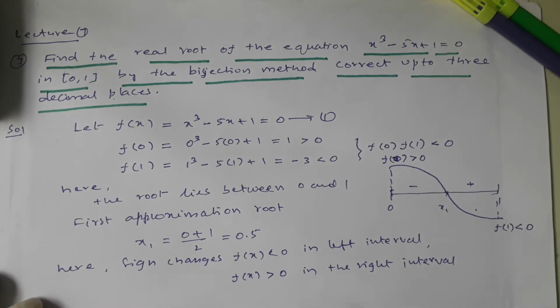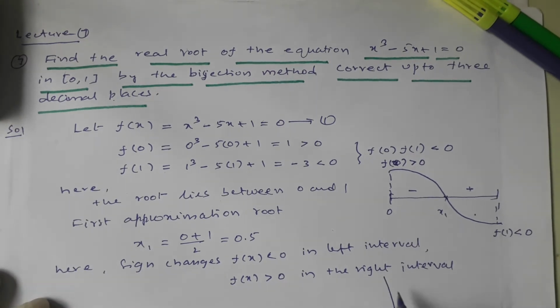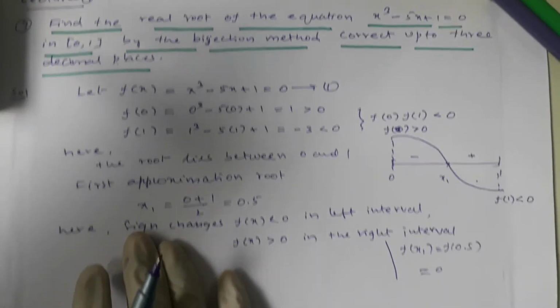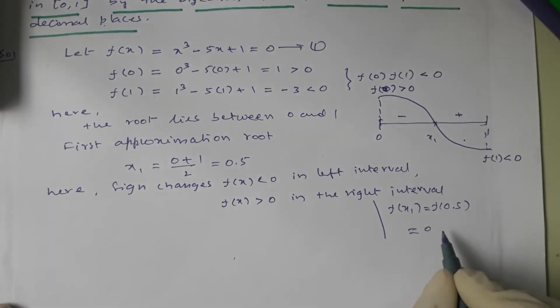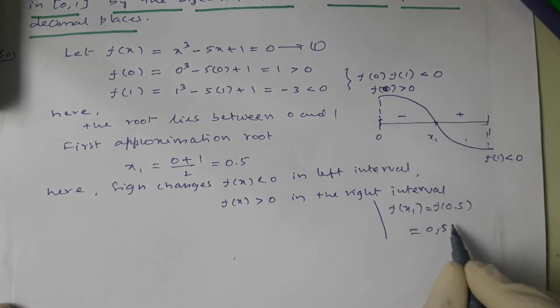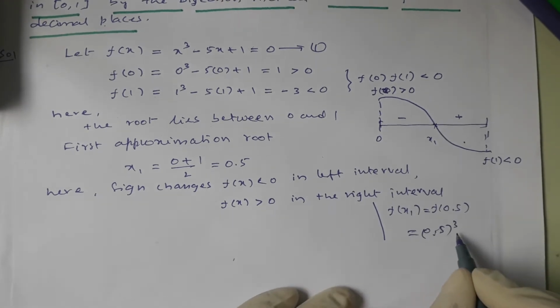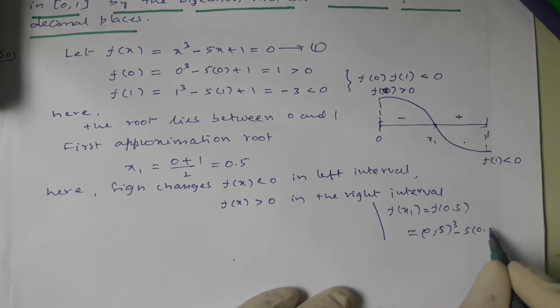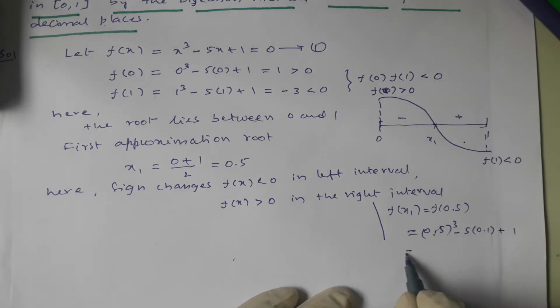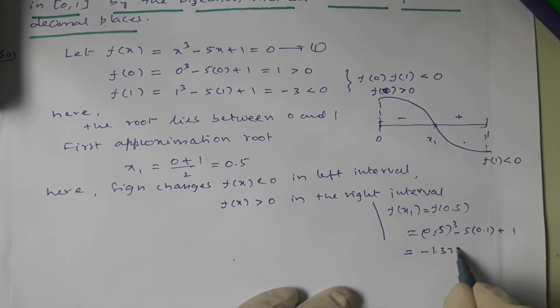Right. So put f of x1 is equal to f of 0.5, is equal to 0.5 whole cube minus 5 into 0.5 plus 1, is equal to minus 1.375.